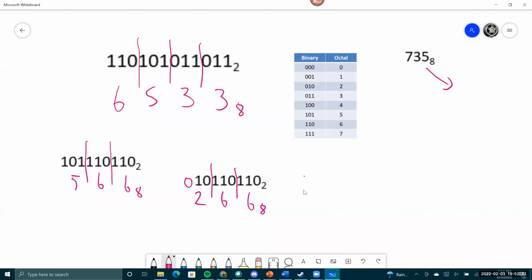So 5 would be 101, 3 would be 011, and 7 is 111. You put it all together and you have your binary. So again, you work backwards. You start off with the octals, convert each to binary, and then you concatenate, put together, and you're done.